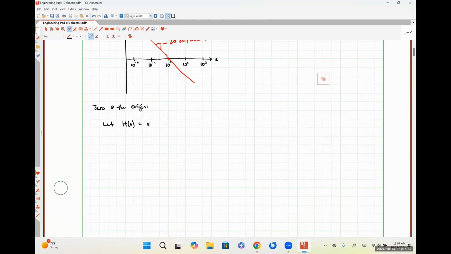So I'm going to do something a little weird here, and let this s in the numerator be the same thing as 1 divided by 1 over s. The reason I'm choosing to represent s in the numerator like so is because I know what the frequency response of the number 1 is going to look like. It's a constant line at 0 decibels because 20 log of 1 is 0.